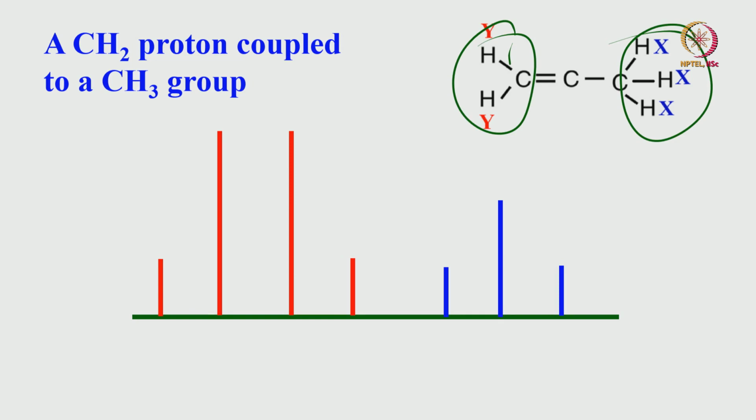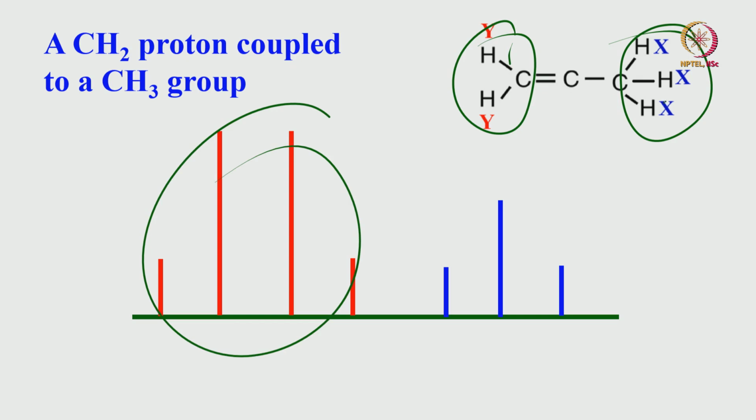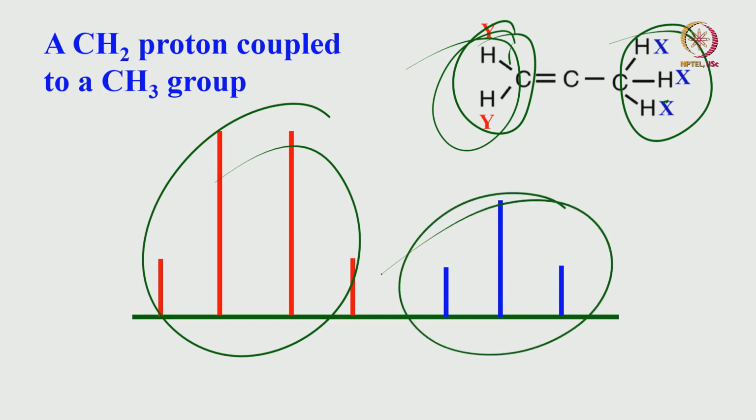Using the 2nI plus 1 rule, it will become 4 lines. This CH3 sees 2 protons of CH2. Use 2nI plus 1, 2 into half plus 1, it will become 3 lines. Because they are equivalent groups, we have a quartet and a triplet. This is called a quartet and this is called a triplet.